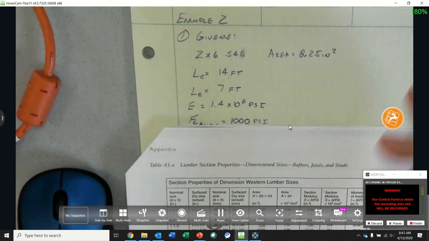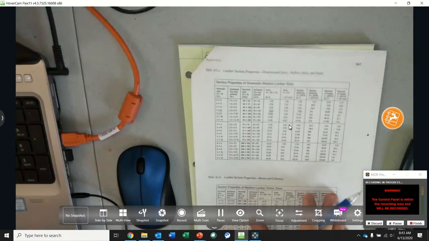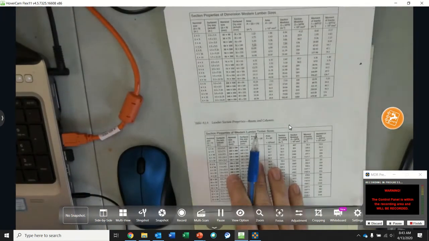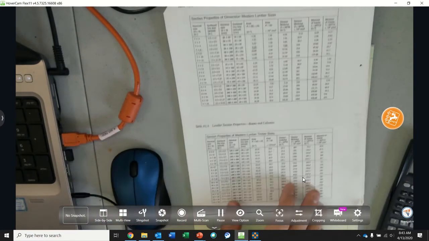I equals BH cubed over 12. But remember, the chart is assuming the strong axis, so we actually need to find our weak axis. I'm probably going a little too fast.